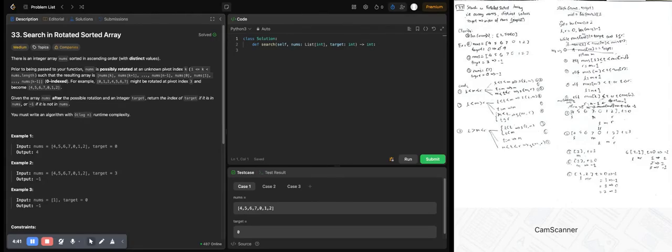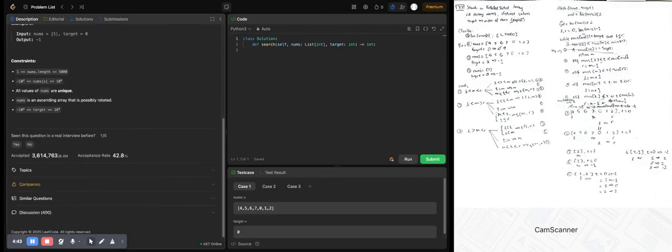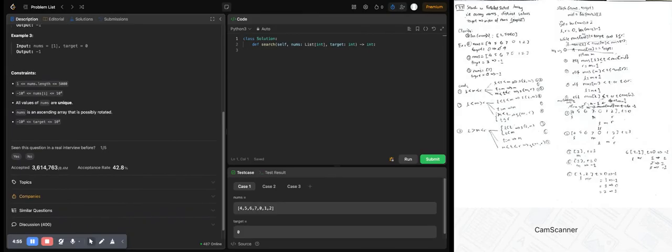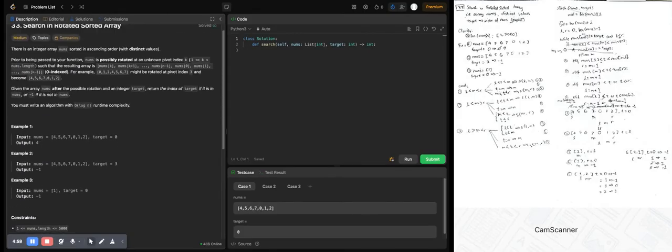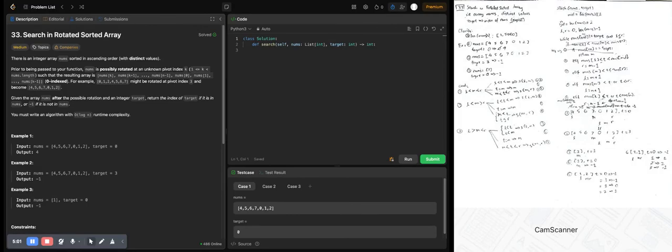Here it is given that the length of nums is between 1 and 5,000. So we have 5,000 elements and we need to write an O(log n) runtime complexity algorithm.